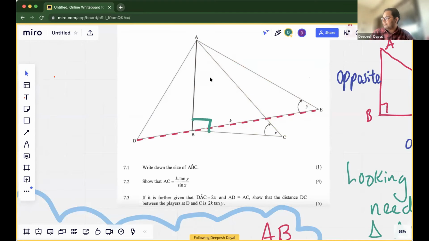So we've got DAC is 2x here, and AD equals AC. Show that the distance DC between the players D and C is 2K tan Y. So here also we've got a new triangle that we're focusing on.